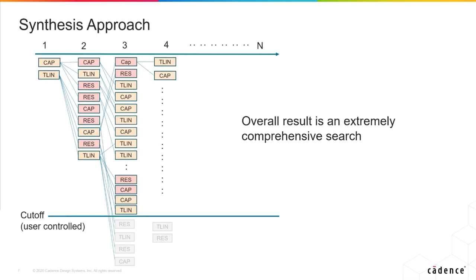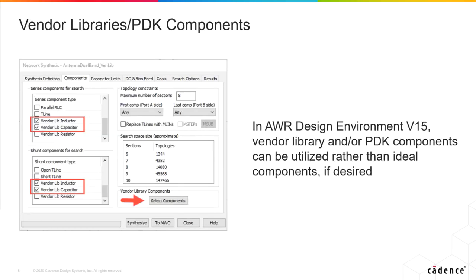And of course, the overall result, what we're going for, is an extremely comprehensive search. Again, taking advantage of that processing power in the algorithm itself. So that was a quick review of our approach to network synthesis and some of the search details.